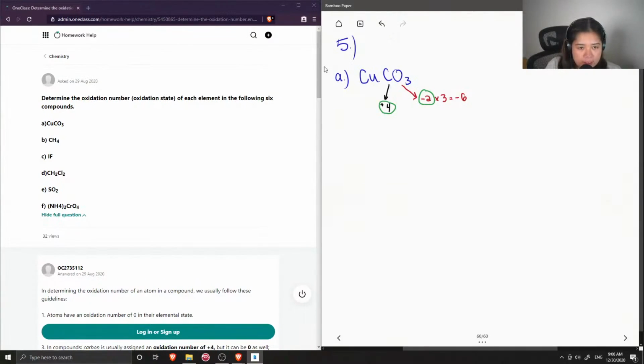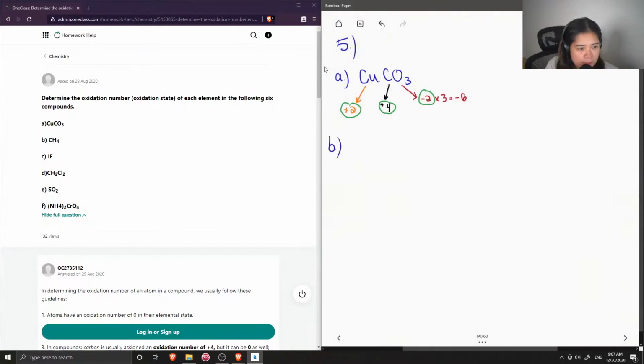So if we added these charges together, we have -2. So if you see that the compound is neutral, then we need to neutralize the -2 that the carbons and the oxygens have taken place. So in the case of copper, it would have an oxidation number of +2, just to neutralize all the other oxidation numbers. Okay, so this is the answer for 5A.